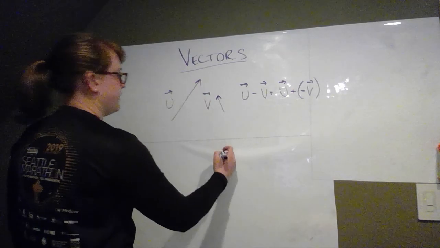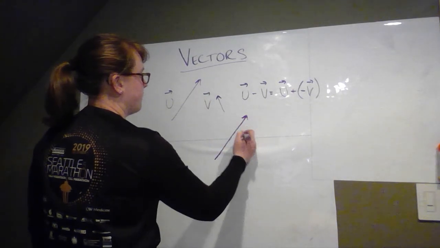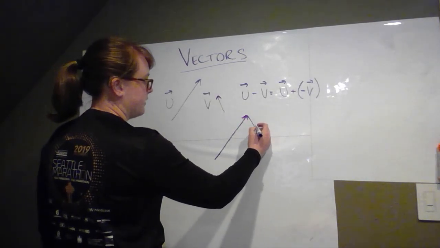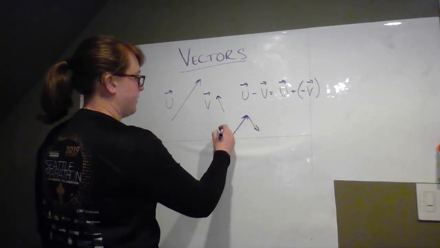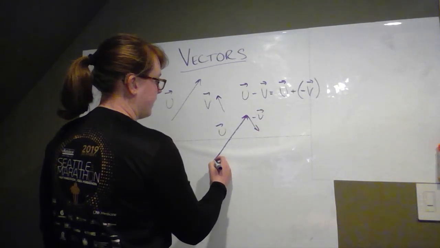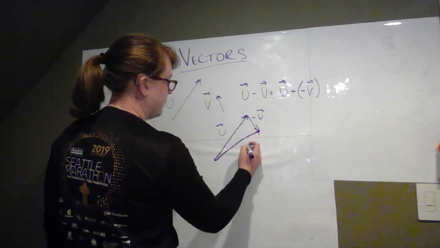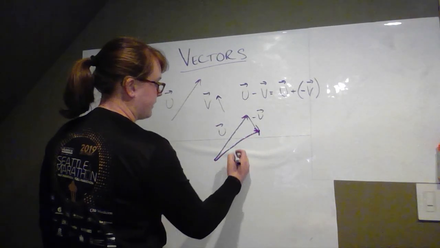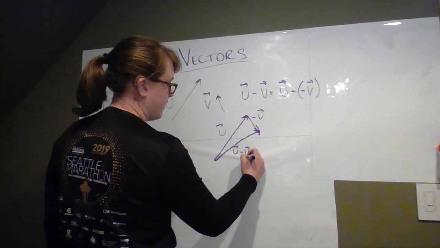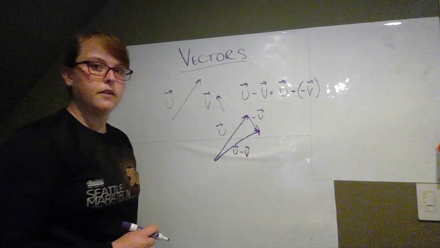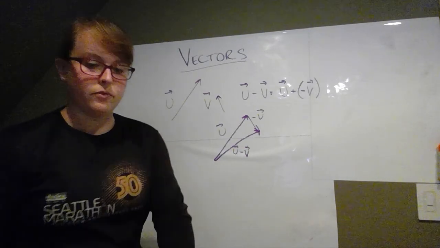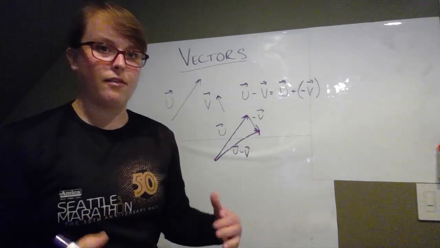So if I had vector u, then I would switch the direction of vector v to make it like that. So here's u, here's negative v, and so then u minus v would be this vector. Okay. So we can add vectors, we can subtract them, we can multiply them to change their length.